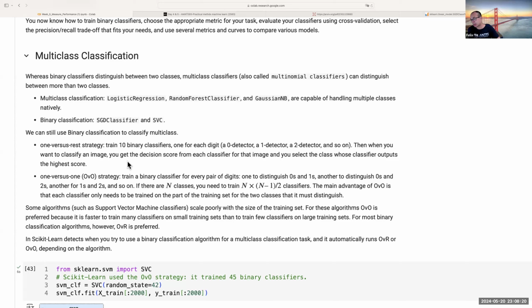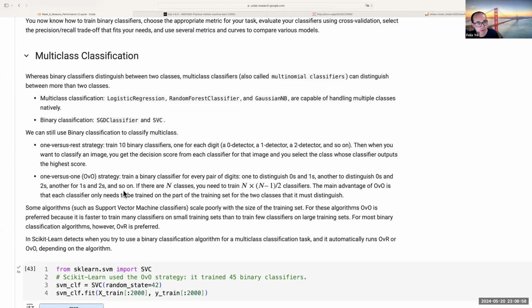If you want to classify an image, you get the scores from each classifier, from the 0 detector, 1 detector, and so on until the 9 detector. Then you select the class whose classifier outputs the highest score. You sort all these scores and pick the corresponding detector with the highest score, because the higher the score, the more confidence we have. So this is one versus rest.